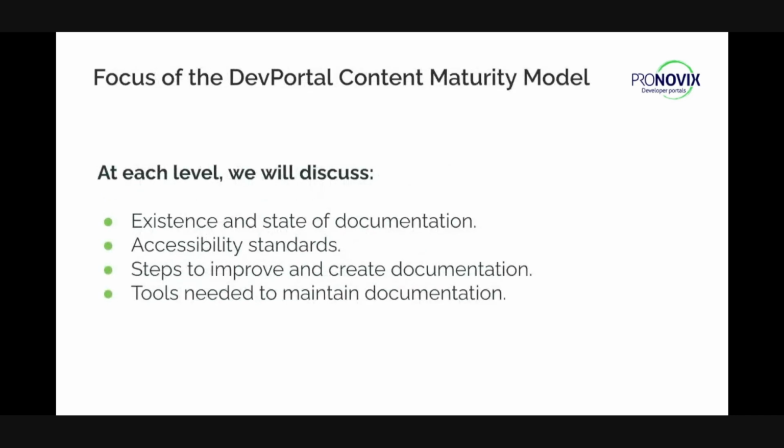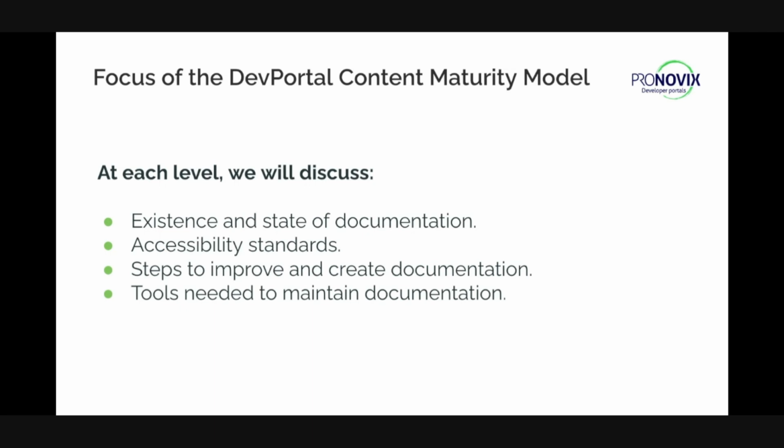Our maturity model specifically focuses on content evolution, but of course it cannot be fully separated from the dev portal itself. We examine key factors like the existence and state of documentation, what we refer to as minimum viable documentation, which will be introduced later. The tools needed to maintain documentation at a certain level, as well as accessibility standards that need to be incorporated.